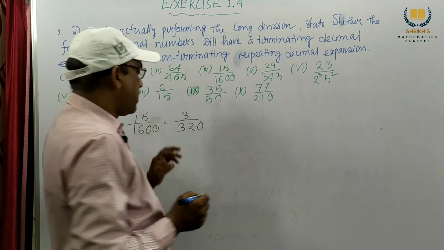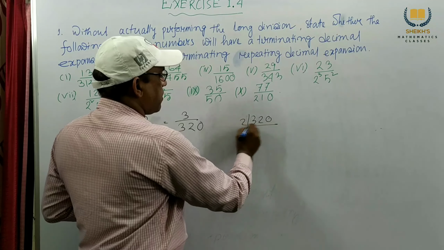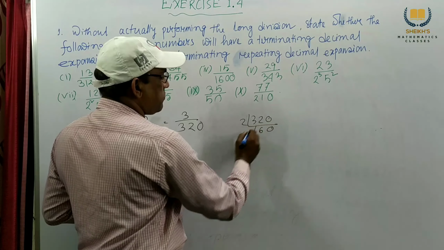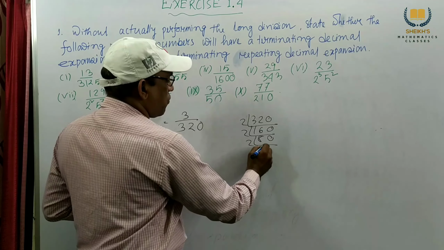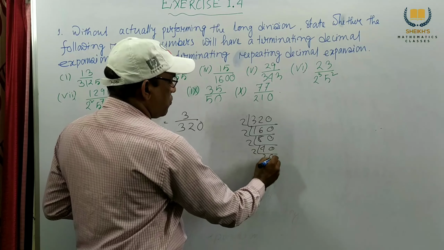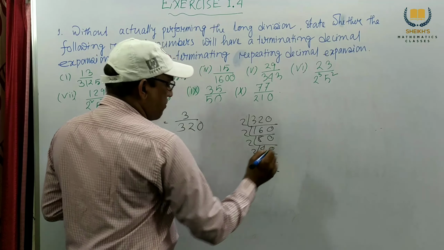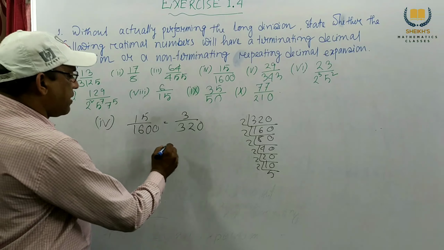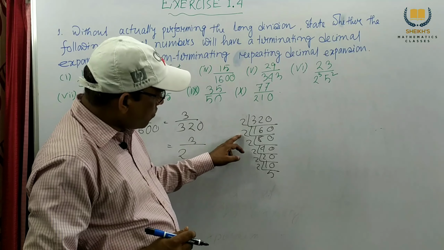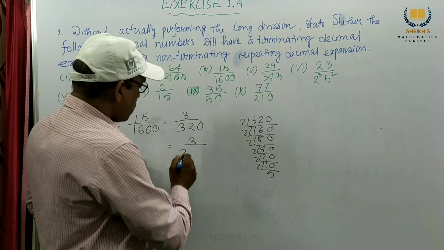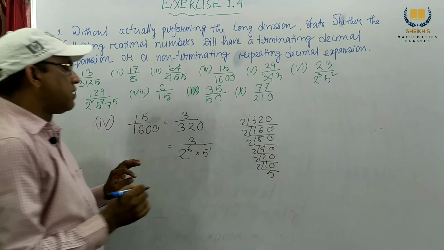Now we take the prime factorization of 320: 2, 2, 2 fours, 2 twos, 2 ones and 2 fives. So the denominator we get is 2 to the power 6, counting 1 2 3 4 5 6, into 5 to the power 1.